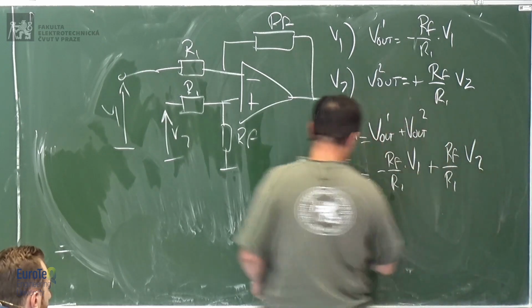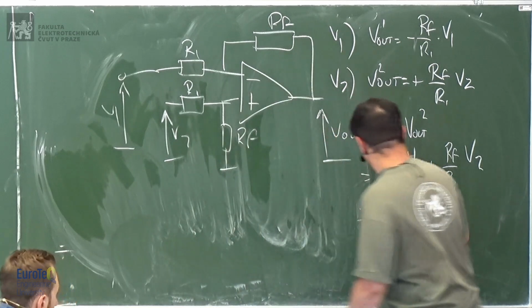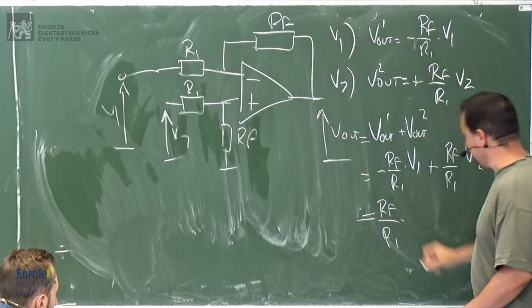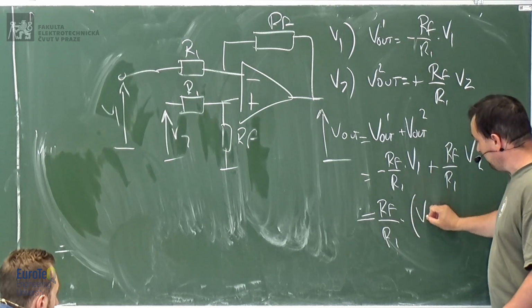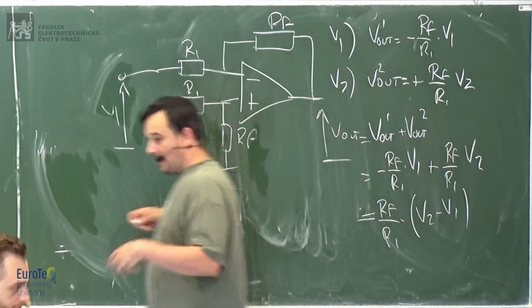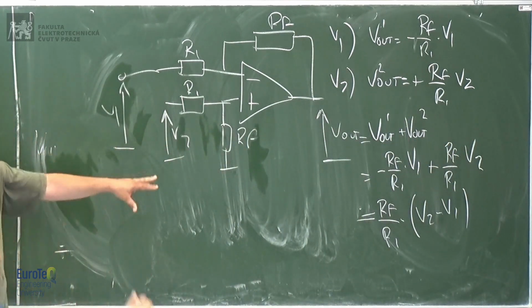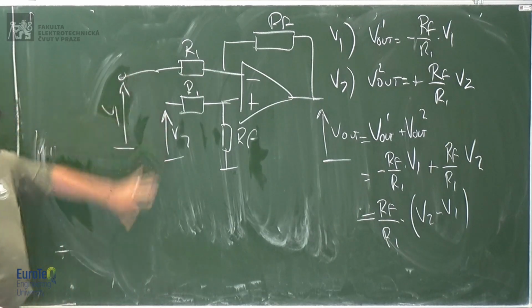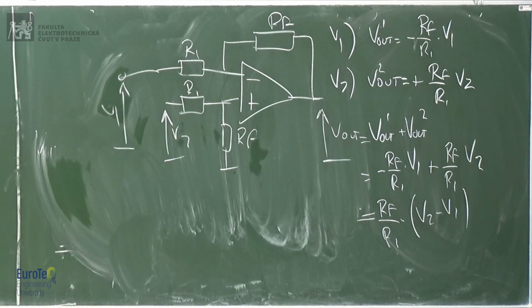So it will be RF divided by R1 times (V2 minus V1). Wow. So we have an output which is proportional to the difference between these two voltages. That's insane. What does it mean? Just deep.